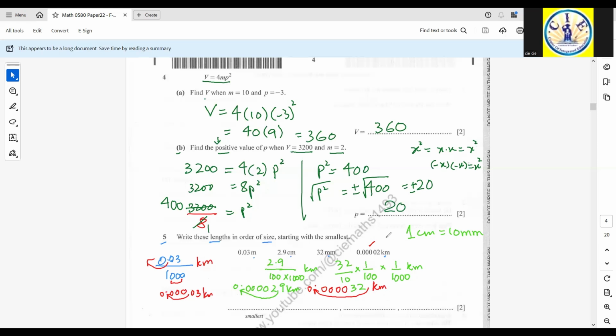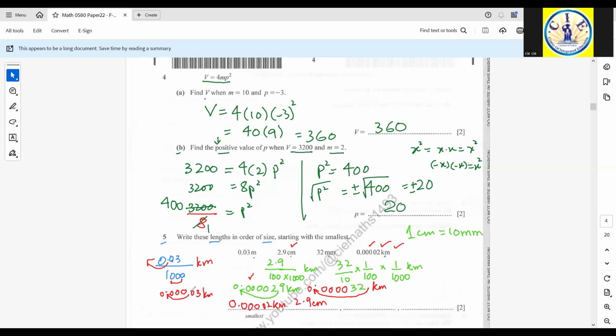Now, the smallest of all of them is going to be this amount, 0.00002 kilometers. Then after this is this amount, which came from 2.9 centimeters. So I'm going to write 2.9 centimeters.